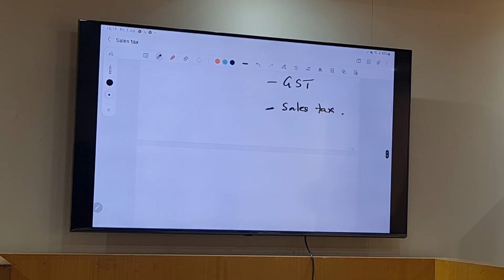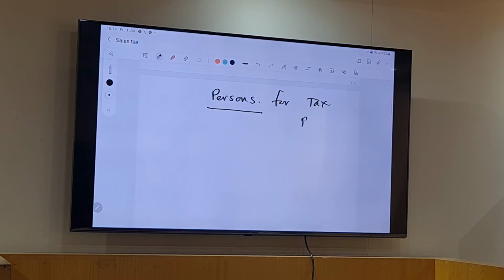So now we talk about persons for tax purposes. When you talk about these tax purposes, we can classify these persons.